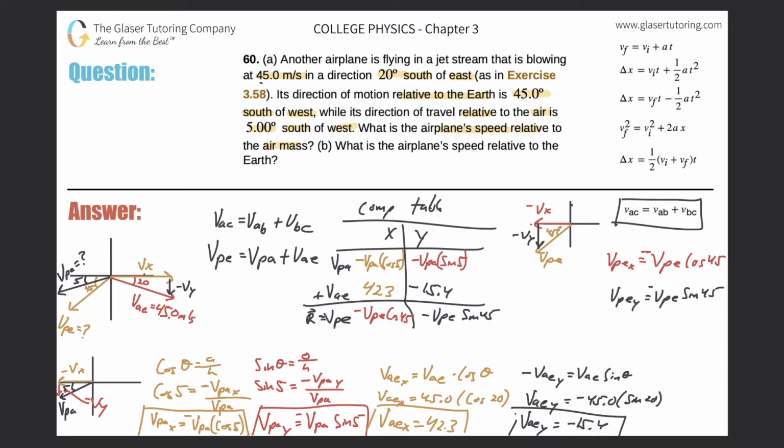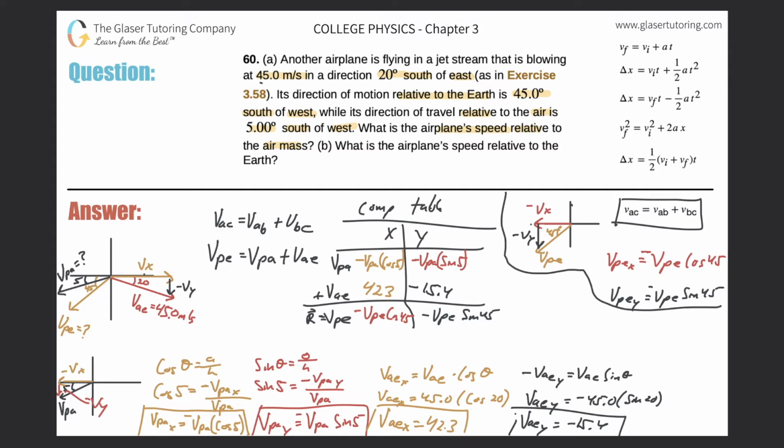Now what I'm going to do is write my equations. Here's my x equation. The x of VPA plus the x of VAE will equal the x of VPE. Say that 10 times fast. So let's write that formula out over here.